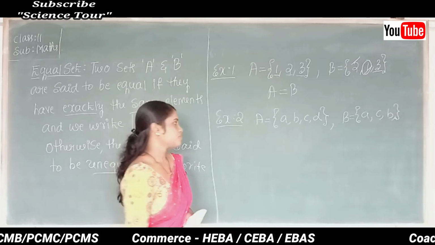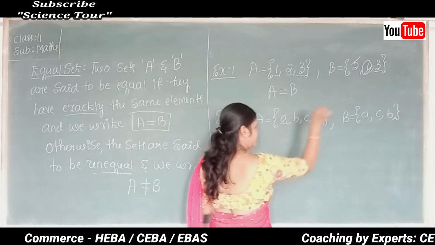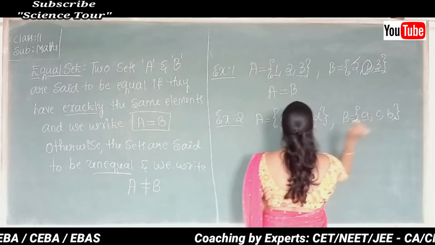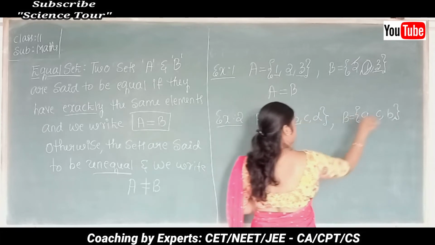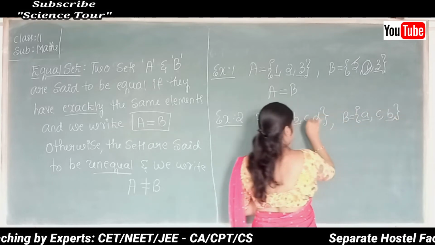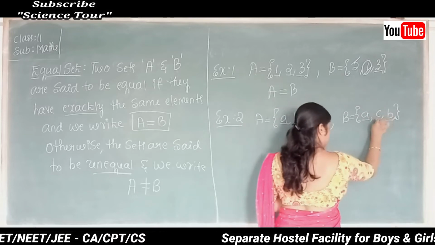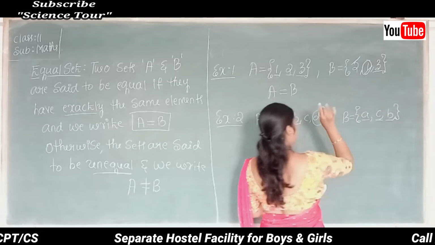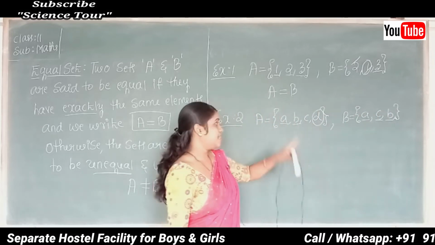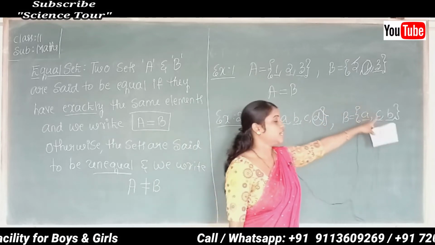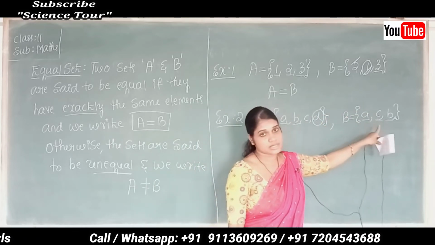Once again, do you have a here? Yes, it is there. Next, b, do you have b? Yes. Next, c, do you have c? Yes. But the fourth element is d, and that element d is not included in set B, isn't it?